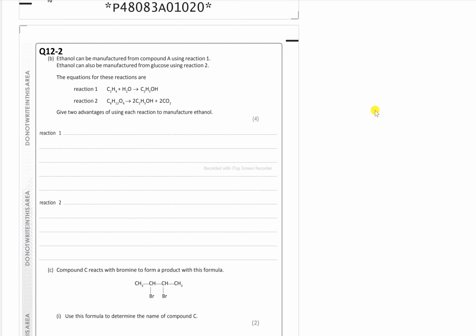Ethanol can be manufactured using that technique, or using glucose. This uses glucose, this uses ethene. What are the advantages of using each? The first one uses ethene. It gives a purer form of alcohol.